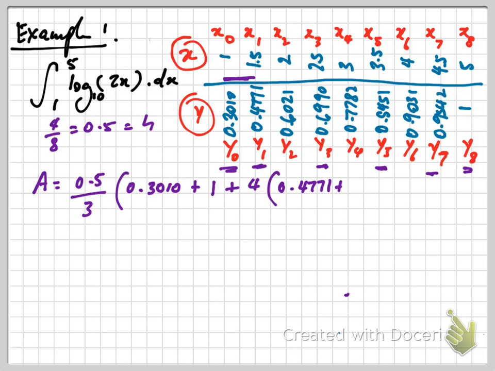So 0.4771 plus 0.6990 plus y5 would be 0.5451 plus 0.9542.